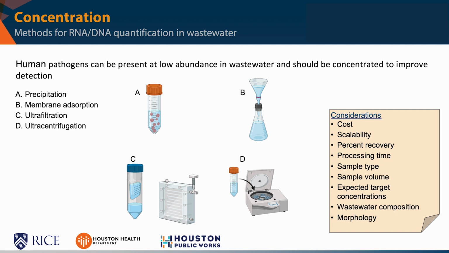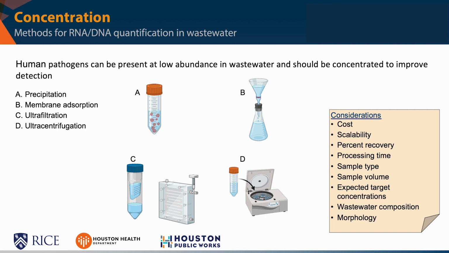Ultrafiltration is a pressure-based method which relies on the pore size of the membrane that the wastewater is being passed through. Depending on the pore size, the target will remain trapped on the membrane while water and other substances are allowed to pass through. And lastly, ultracentrifugation works by concentrating the microbial target down into a small pellet, usually through a series of centrifugation and resuspension steps.